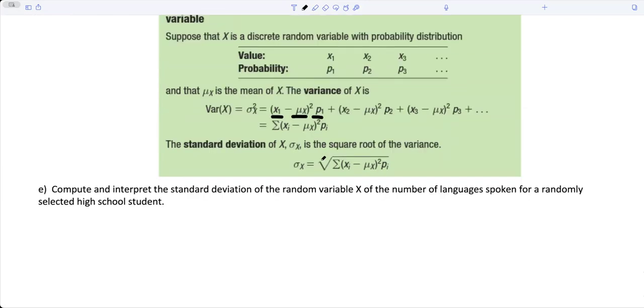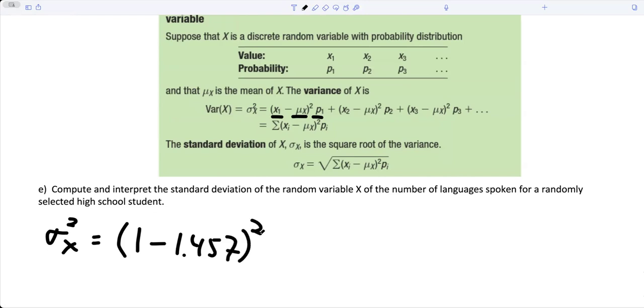So going back to the previous problem that we did, the variance for the number of languages spoken would be 1 minus the mean, which is 1.457, and then we square that, and then we multiply that by its respective probability, which was 0.63. And then we're going to add the next one.